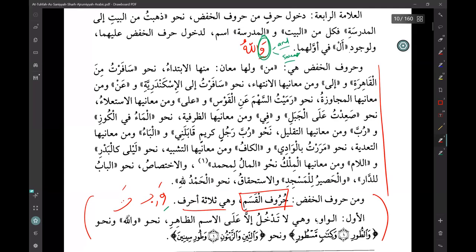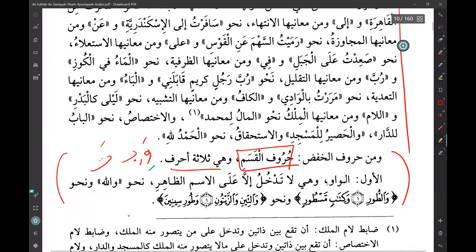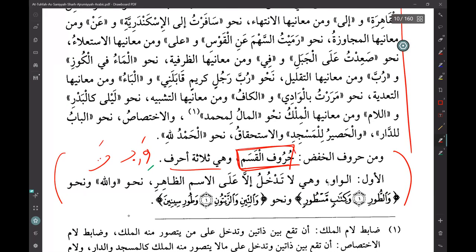Good. So this part, I think I should have made a little bit more clear. When you have huruf al-qasam, we have three of them: wa, bi, and ta. They will make the noun that you're making the qasam with into majrur, meaning you have to put a kasra. Inshallah, this topic might come.